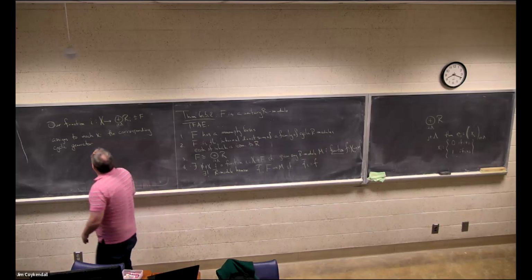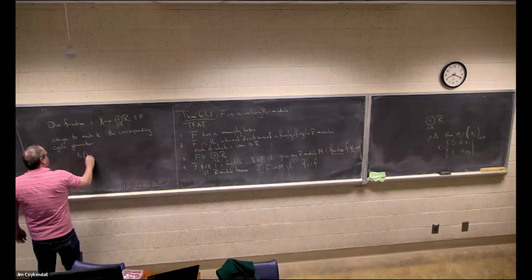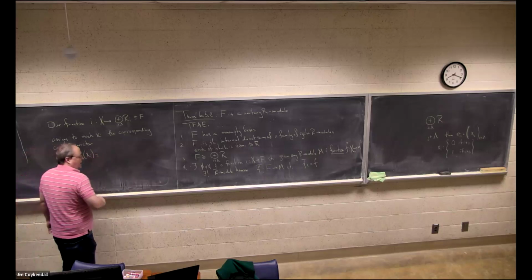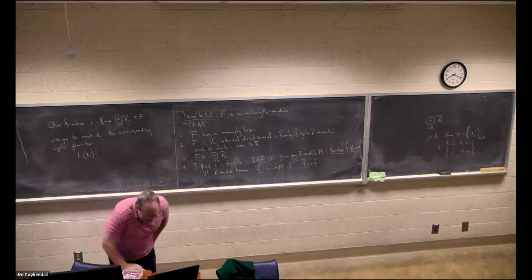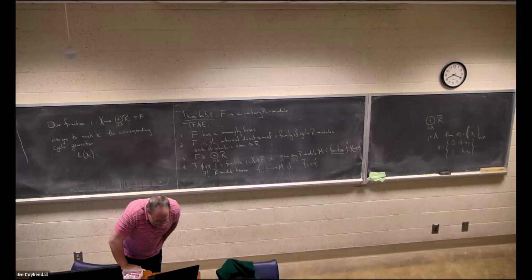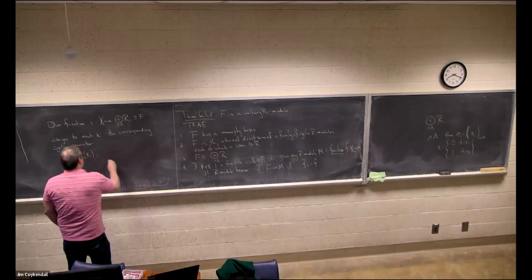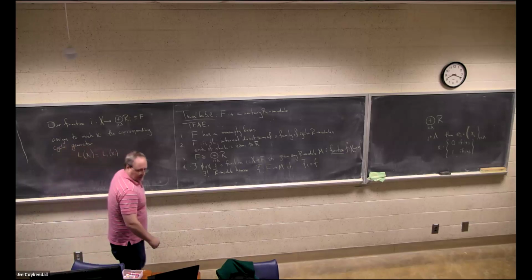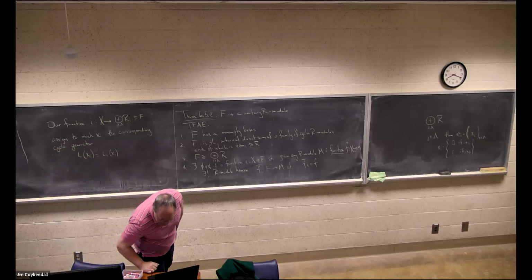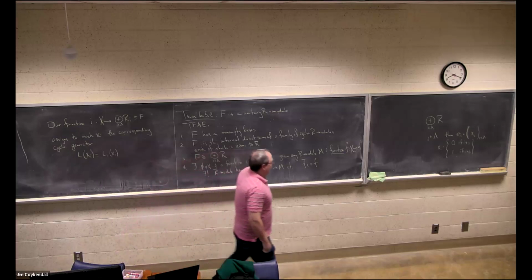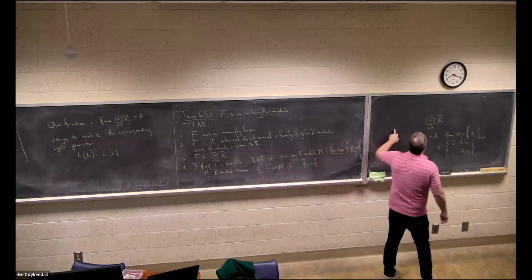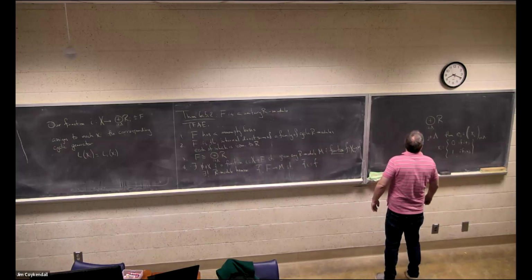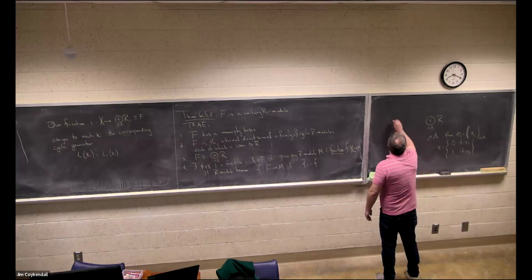That is to say, iota of xi is iota i of xi from my previous diagram here, which now I've erased.